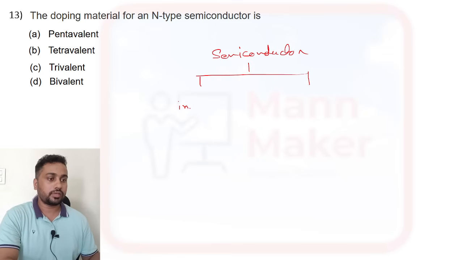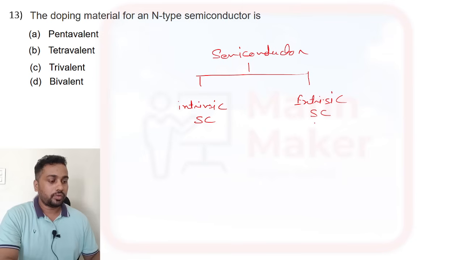First is called intrinsic semiconductor or pure semiconductor, and the other one is extrinsic semiconductor. Further, the extrinsic semiconductor is divided into two types: n-type semiconductor and p-type semiconductor.